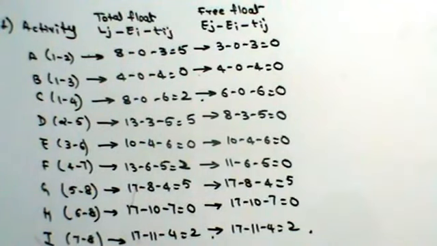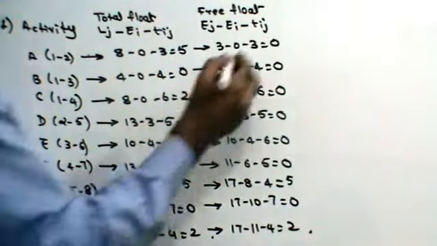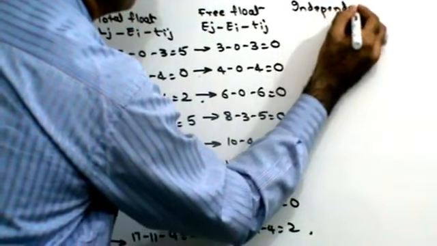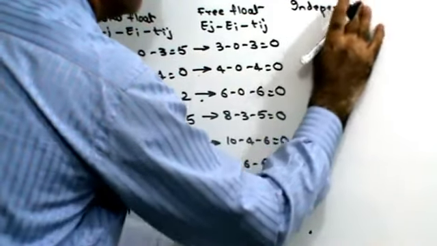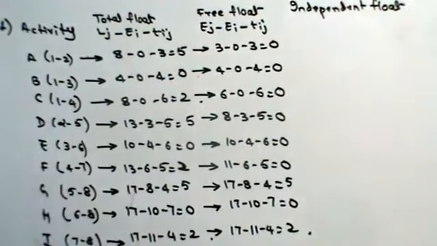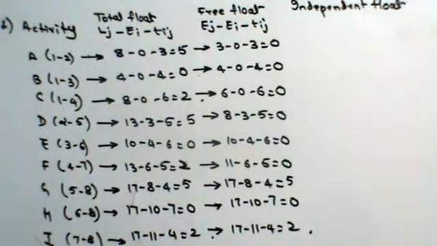Next, the next kind of float is called independent float. Independent float is the amount of time by which the start of an activity can be delayed without affecting the earliest start of the subsequent activity.